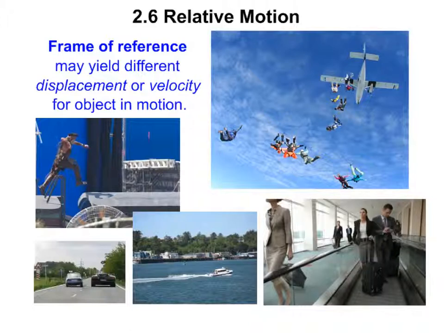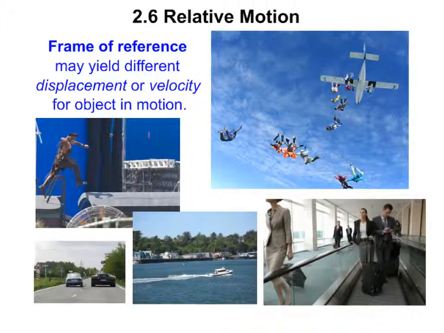The frame of reference that you choose makes a big difference on how the motion is described. These are all examples of that fact. People riding on the moving sidewalk. The frame of reference could be from another person on the moving sidewalk, or from someone standing still on the other side of the sidewalk, or someone walking on the other side of the sidewalk.